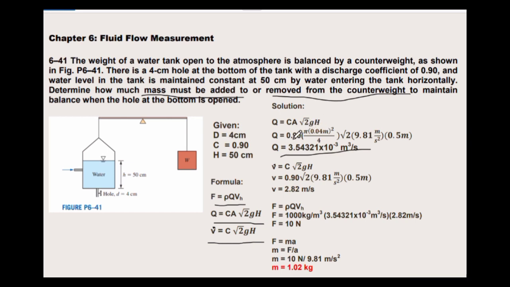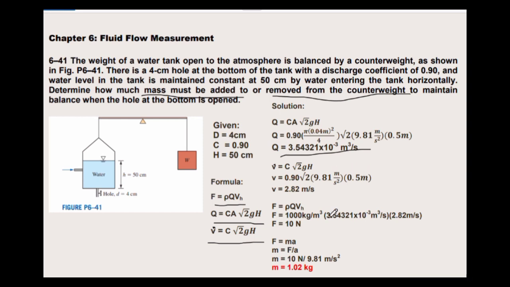So plug in the values, we have 0.90 for the discharge coefficient, and the area pi d squared over 4, or pi times 0.04 meters squared over 4, times the square root of 2 times 9.81 meters per second squared times the height 0.5 meter. Using our calculator, actual discharge equals 3.54321 times 10 raised to negative 3 cubic meters per second.